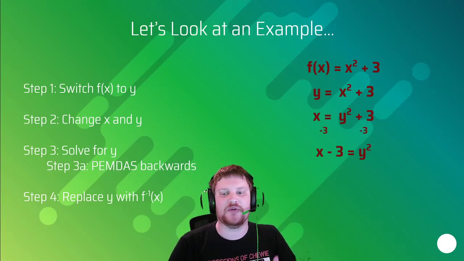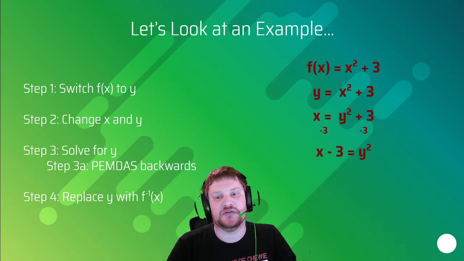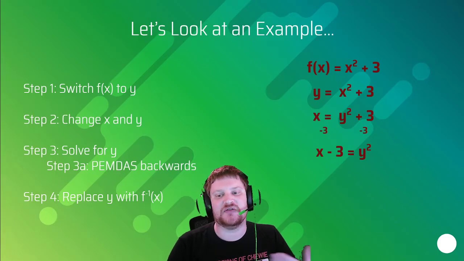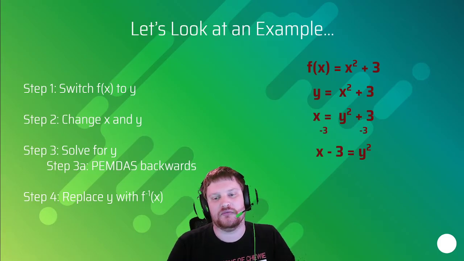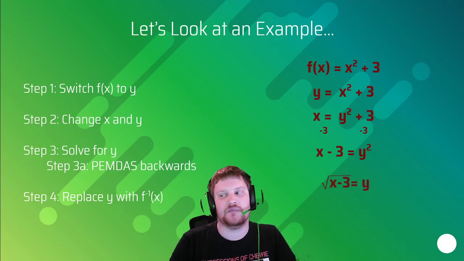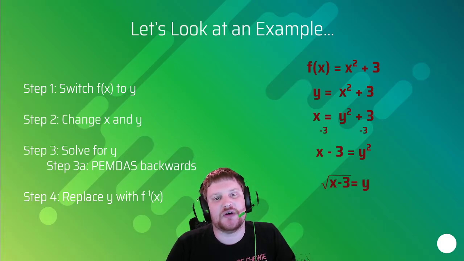Then as we work backwards, is there any multiplication or division? I don't see any. Are there any exponents? Yeah, we have y squared. As I've been saying this whole time, the opposite of squared is square root. So we'll go ahead and take the square root of both sides. So we end up with y equals the square root of x minus 3.